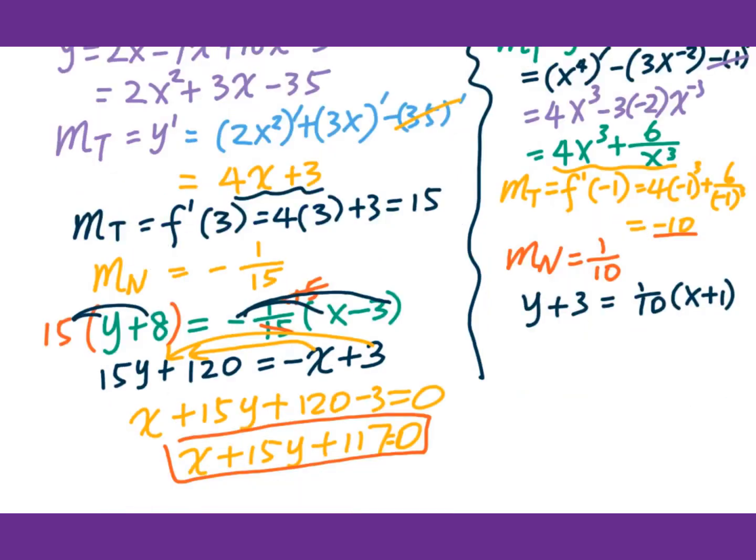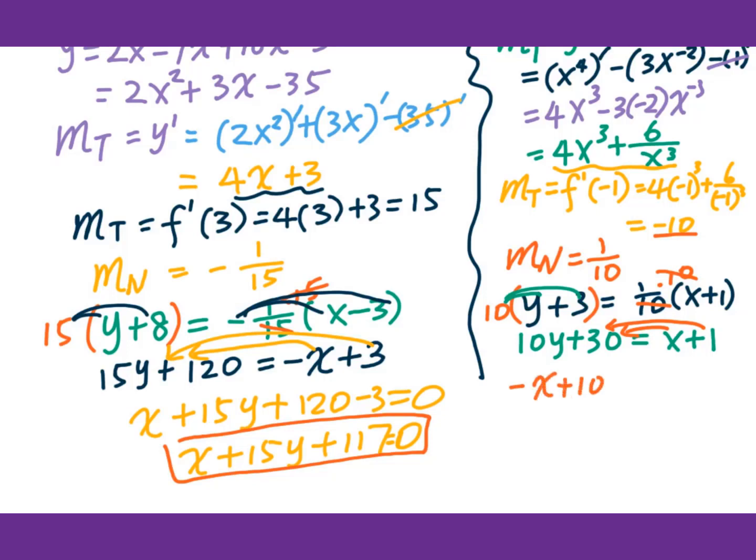First of all, we need to get rid of this 10. We multiply by 10 on both sides. You will get 10y plus 30 equals x plus 1. Then move everything to the left side: -x plus 10y plus 30 minus 1 equal to 0.